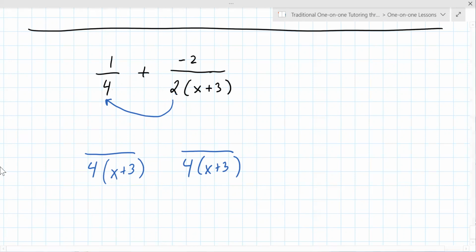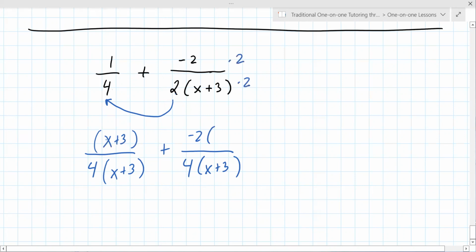So it'd be x plus 3. And -4. Yeah, -4 on top, and then 4.